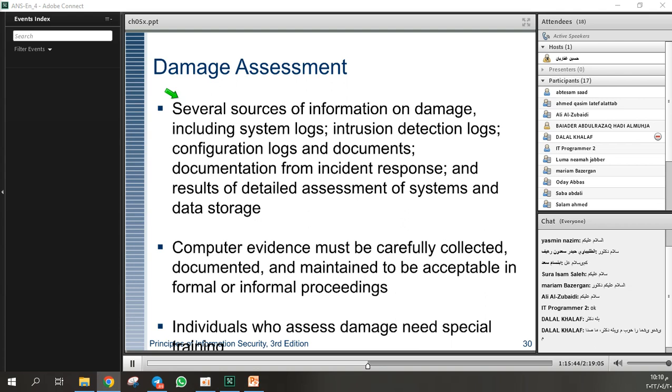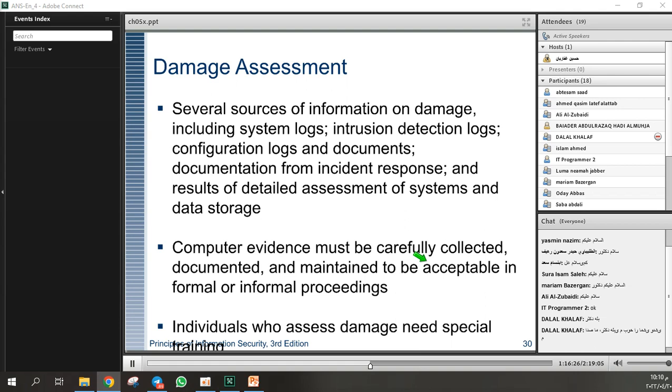We have to assess everything and review everything to prepare a detailed assessment about the systems and data storage.